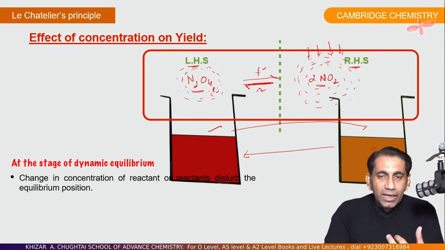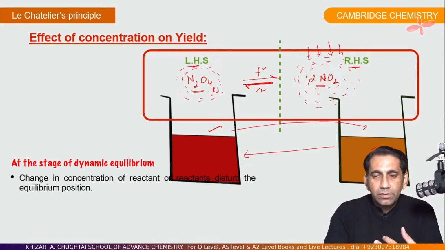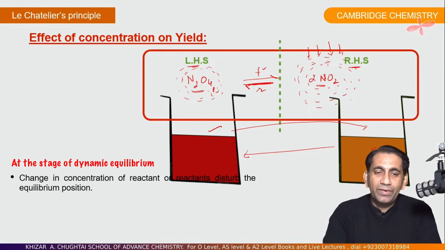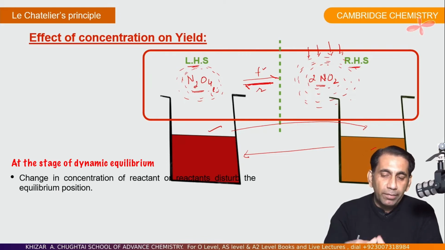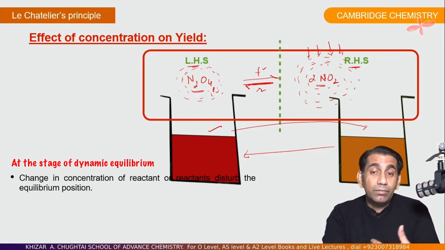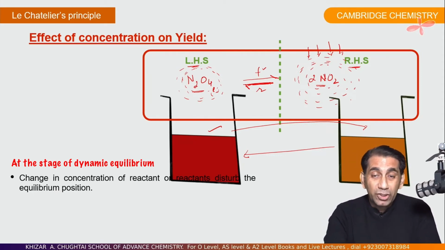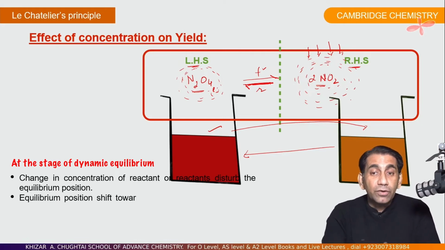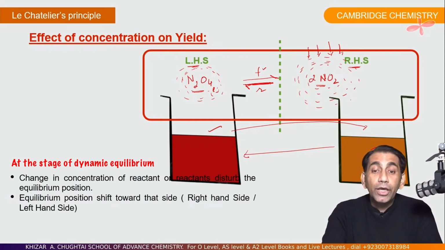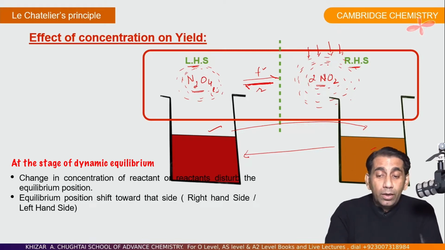I mean, when we change the concentration of any compound, any species, either present on the right hand side or on the left hand side, indirectly we are disturbing the position of equilibrium. Then what will happen? This reaction will retaliate, or it will respond itself. So the equilibrium position will shift either towards the right hand side or towards the left hand side to undo the effect of that change.